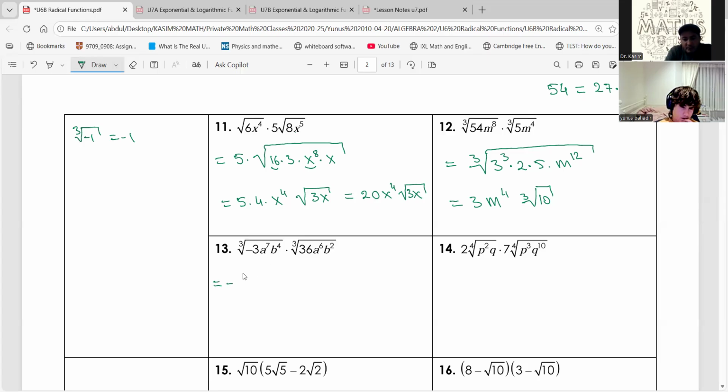Here we have minus cube root of 3 times 36, it is 108, right? And a to the power of 7, a to the power of 6, it is a to the power of 13, but I can write this as 12 times a, right? And here we have b to the power of 4, b squared, that is b to the power of 6. I'm just making some adjustments so that they are divisible by 3.